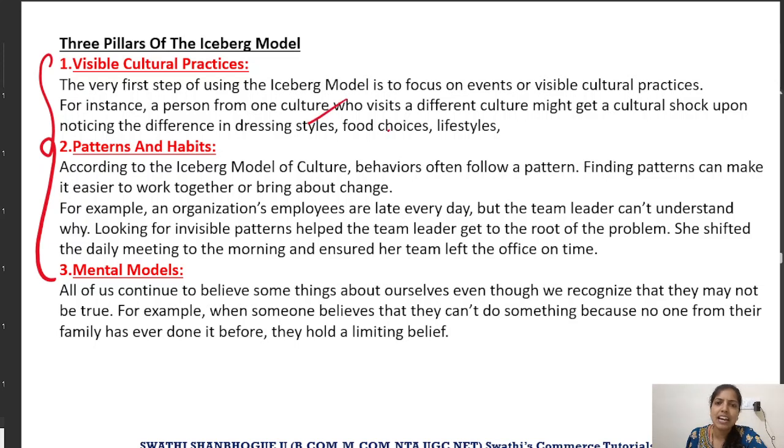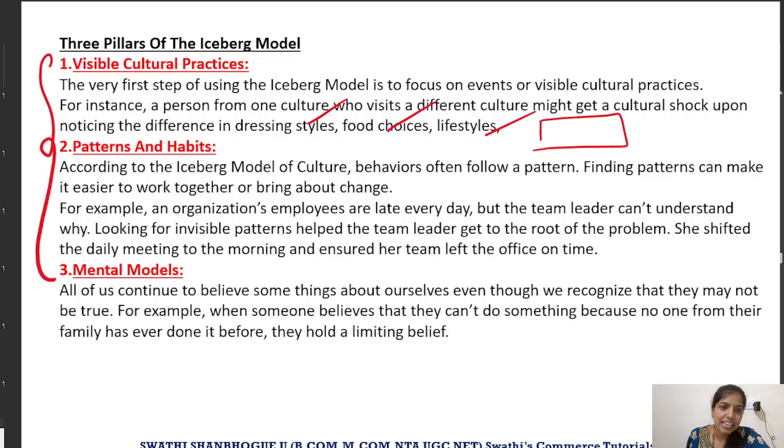That is the dressing style, the food choices, the lifestyle, or the way in which a person carries himself, or the particular standard of living in the society. That is always visible. So, depending upon all these characteristic features, we will frame one particular product, and we will think that it will suit the needs of one particular business or individual.